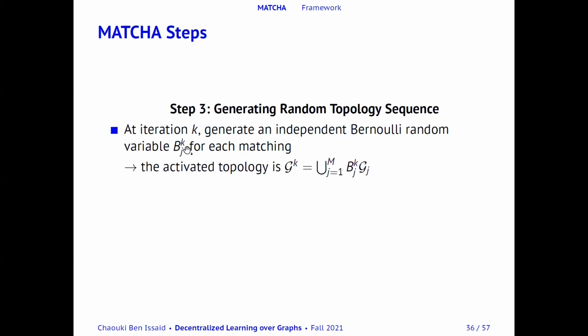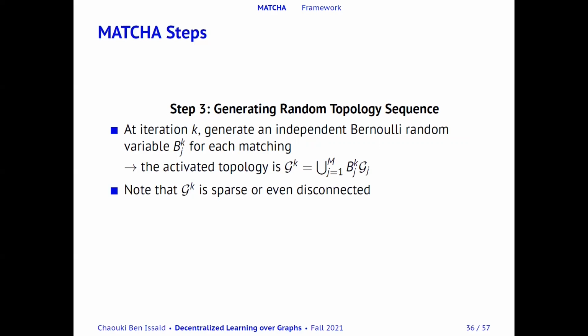Thus, in the k-th iteration, the activated topology is given by G_k, which is the union of b_g^k times the subgraph G_g. Note that G_k is sparse or even disconnected.